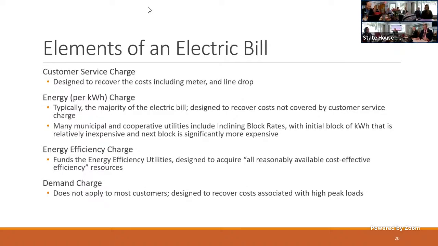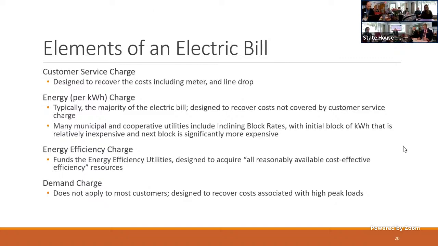For instance, there's hydropower from the New York Power Authority, that the federal government has actually delegated to come into New England and to municipal and cooperative utilities. That usually starts at a lower cost for ratepayers, and then the rest of your usage gets charged the higher rate.